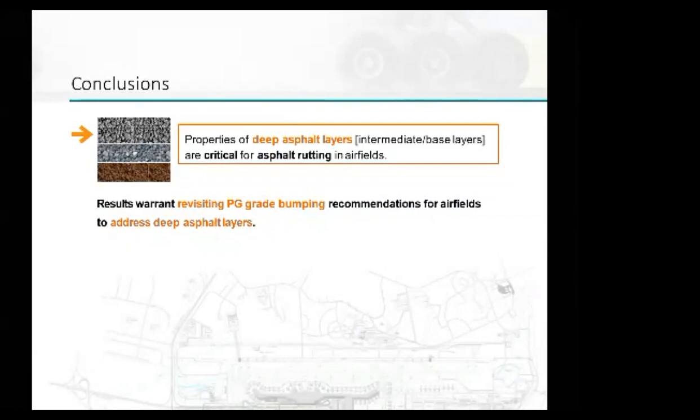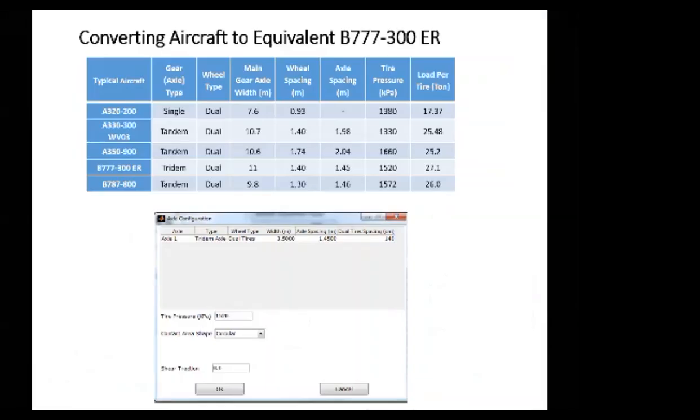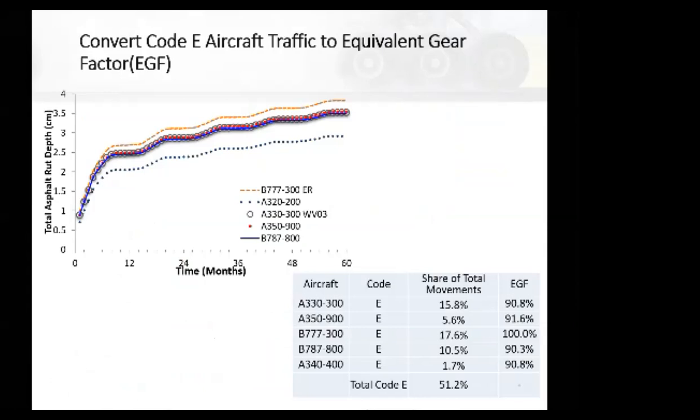Just to show you, we compared our predictions to the actual measurement of the rut in these airports. We had all the fleet information. We plotted the deformations due to the different airplanes, 777, 320, 330, 350, 787. We converted them all to equivalent gear factors, meaning the equivalent to a B777.